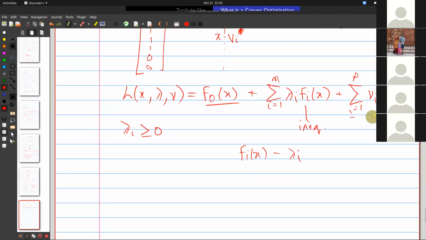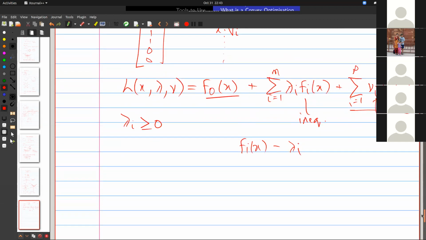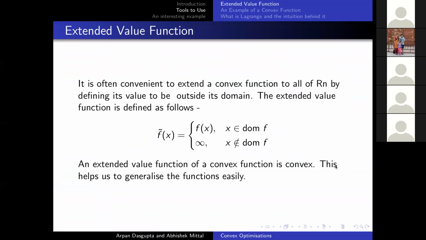So this is the Lagrangian, and these are the variables lambda i and nu i. These are vectors of size m and p respectively. Now we have defined a Lagrangian.